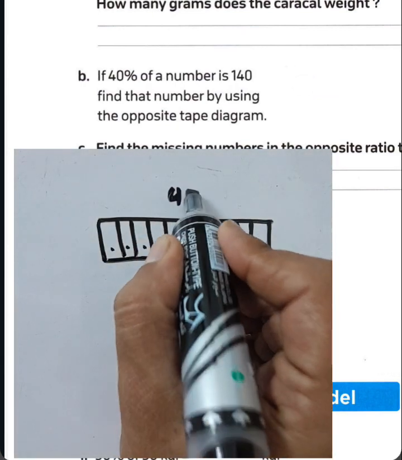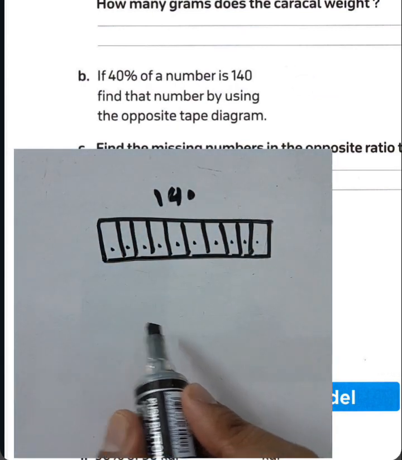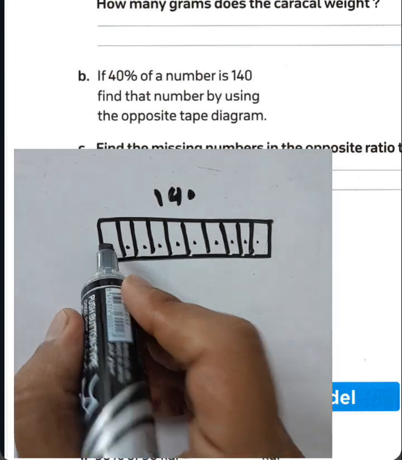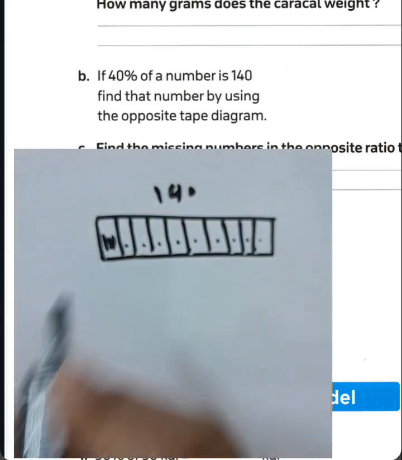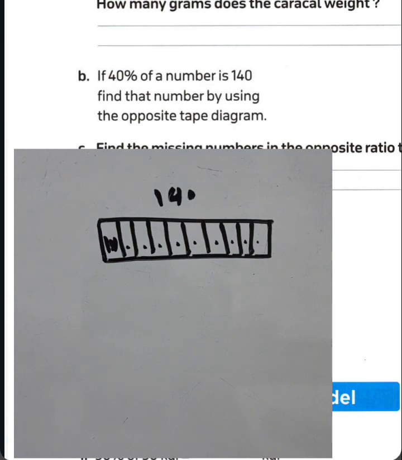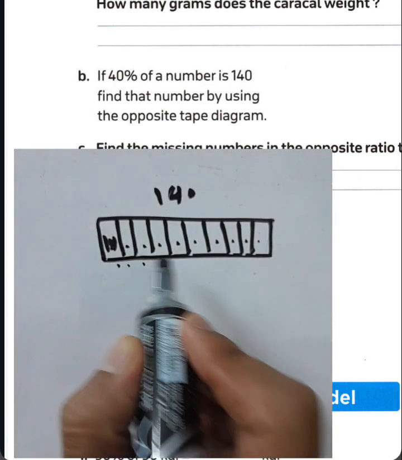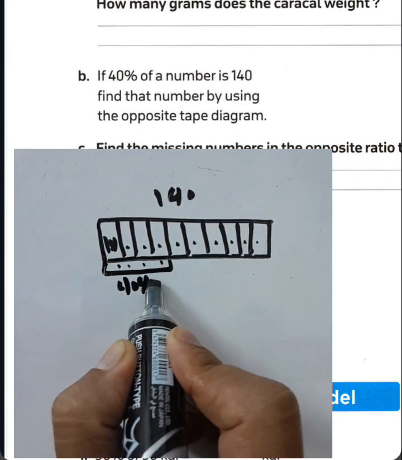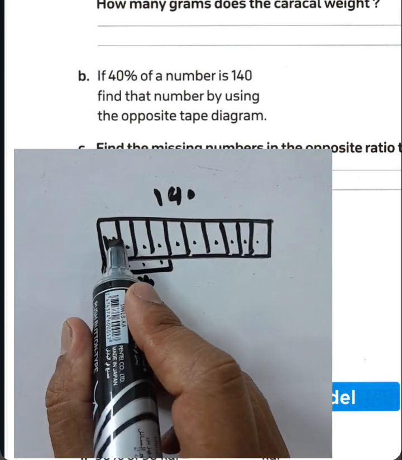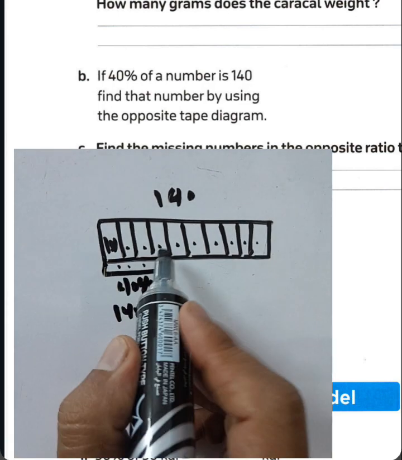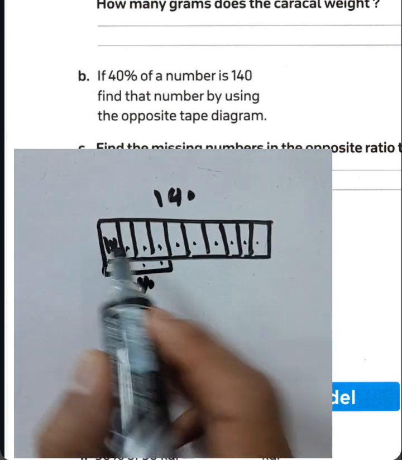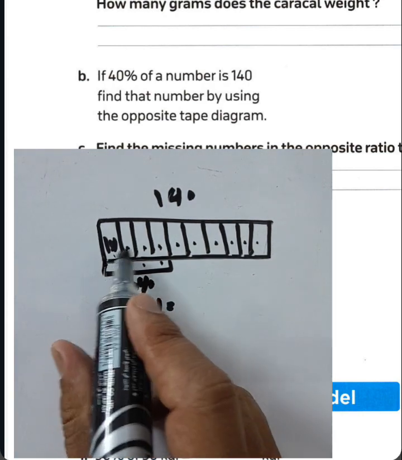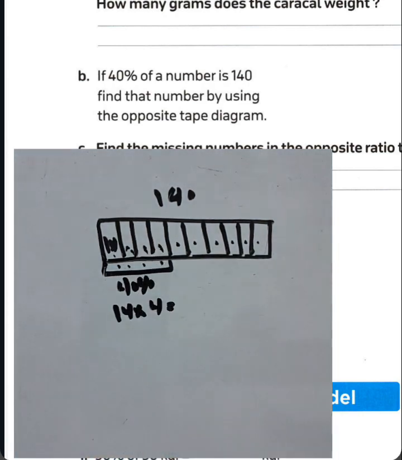Here, 140 divided by 10, the value of each one will be 14. Okay, and we want to find 40%: 1, 2, 3, 4. To find the 40%, you must write 14 multiplied by 4, or 14 plus 14 plus 14 plus 14.